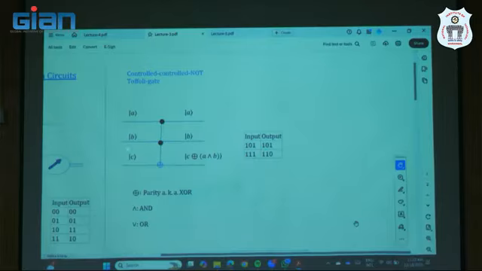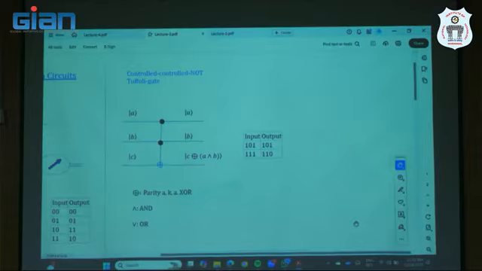A goes to A, B goes to B, C goes to C parity A and B. That means if both A and B are 1, then C is flipped. If any one of them is 0, C is not flipped. Correct? So it is a controlled-NOT, the Toffoli gate. As I said, this represents parity, this is AND, this is OR. Symbols, AND and OR.